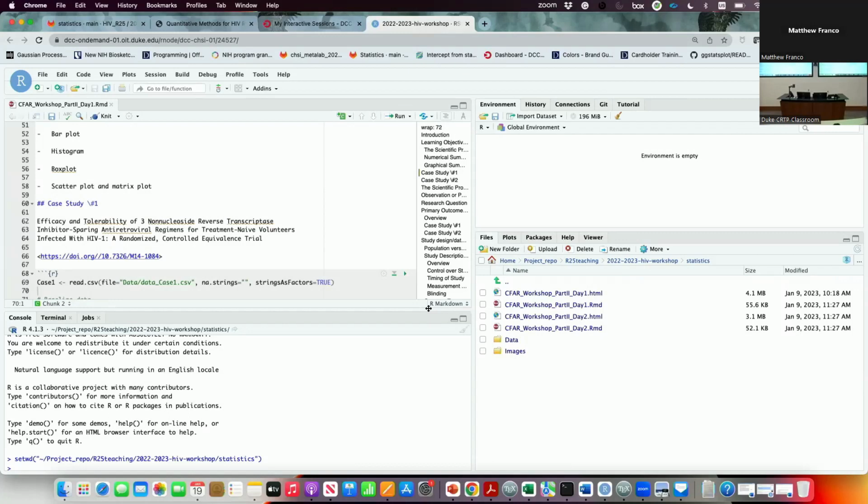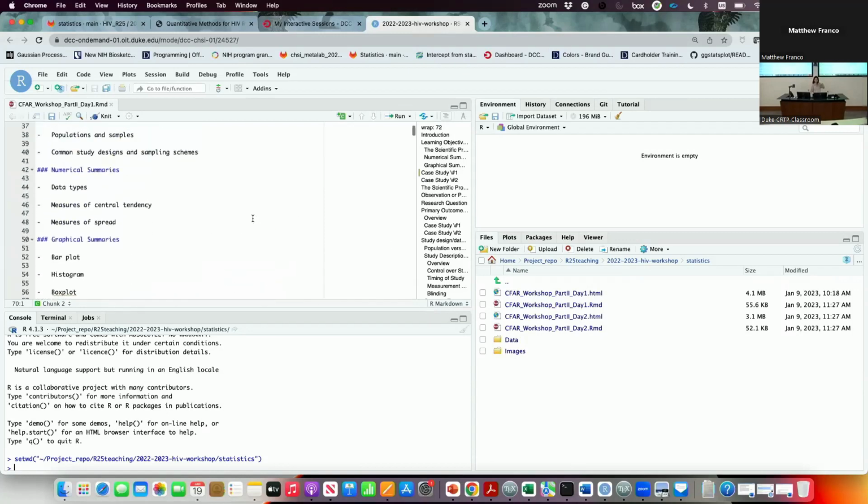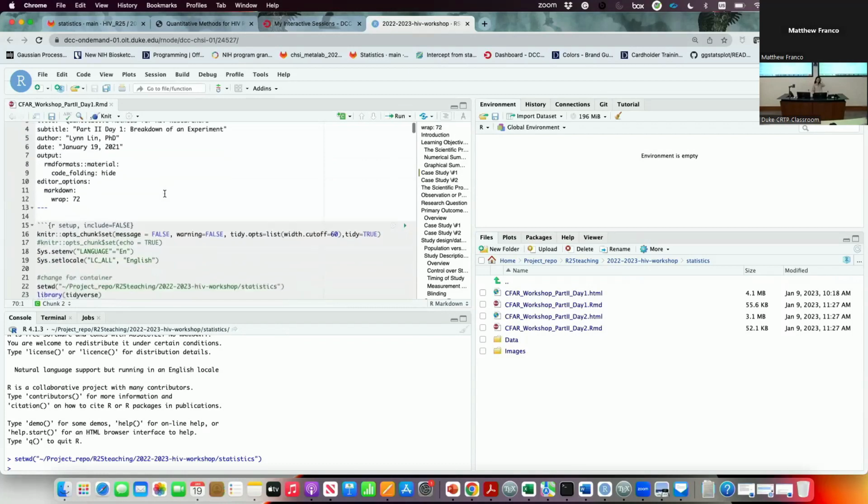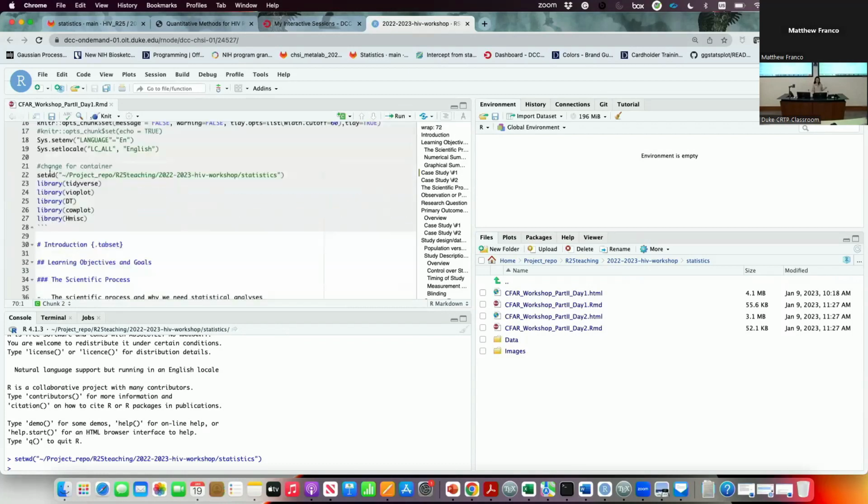Okay, so for those people that you can get the data, I just want to say, do you also have this RMD file open? It's much more helpful that you open this RMD file because all the R codes are here. This is how I set my directory, but you don't really need to use that.